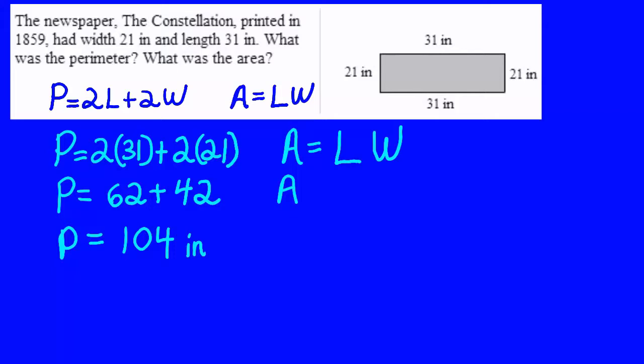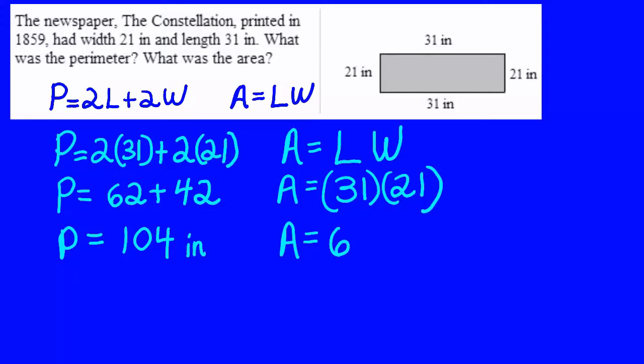So I'll be multiplying 31 times 21. I multiply that in my calculator, and what do I get? 651 squared inches. Squared inches is how I measure area, squared dimensions.